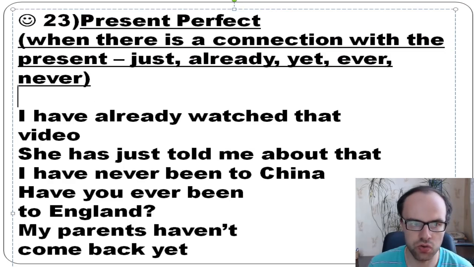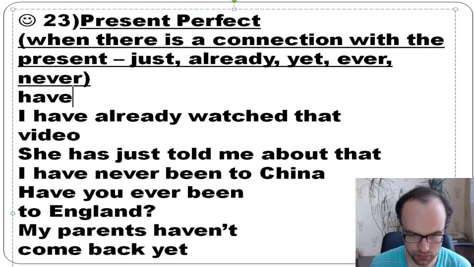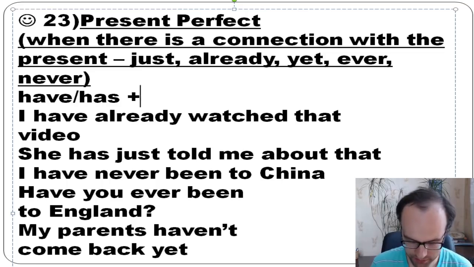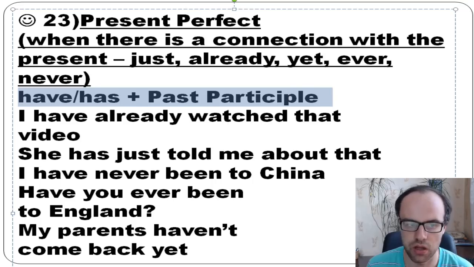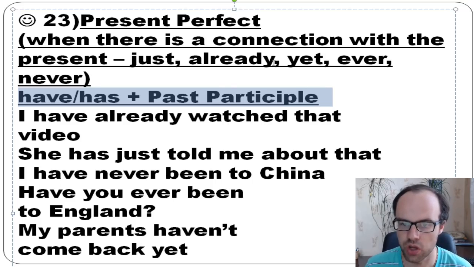Have or has plus past participle. And we put just and already in the middle. We put yet at the end of the sentence, and we use ever in questions.